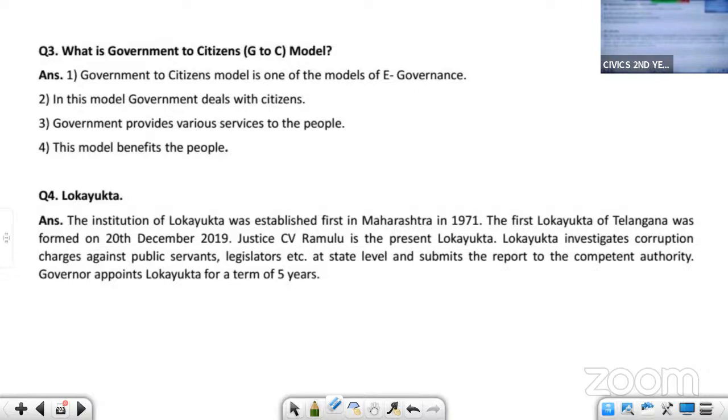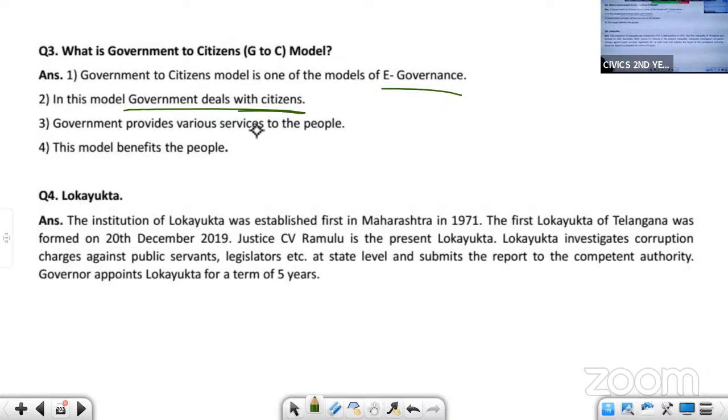Now, what is government to citizen model? When we talk about e-governance, there are different modules: government to government, central government to state government, then government to citizen, citizen to citizen, citizen to organization. So government to citizen is one of the models of e-governance. In this model, government deals with the citizens.